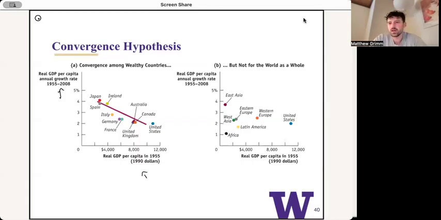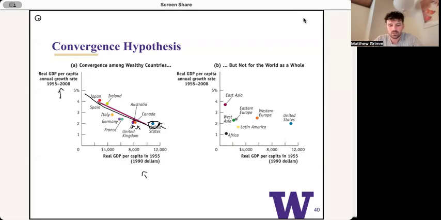So where were they in 1955, and are they essentially catching up and converging to the United States, Canada, the UK, even Australia? And you do see this downward trend here, meaning when you start off with low real GDP per capita at the beginning, you're going to grow a lot faster to help you converge to GDP of like the United States, of Canada, and so on.